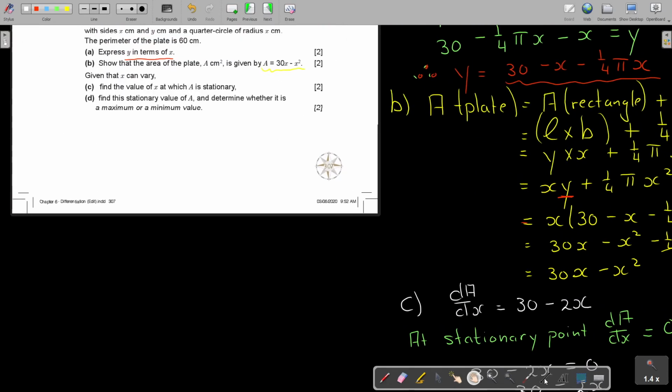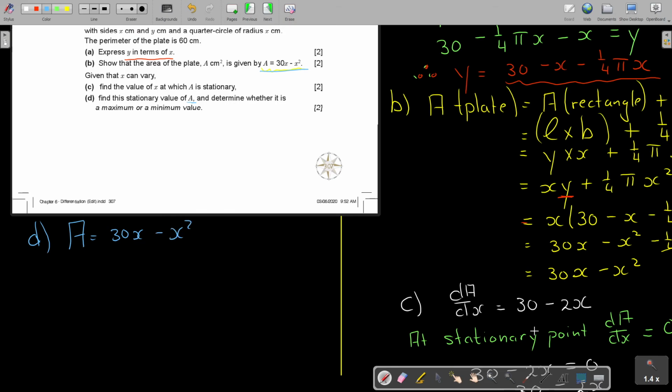And I think I'm going to do the D here. Okay, just so that I see a little bit better. So let's just do D there. Find the stationary value of A and determine whether it's a maximum or a minimum value. Find the stationary value of A. That means I'm just going to take my formula of A. Can you still remember? 30x minus x squared.